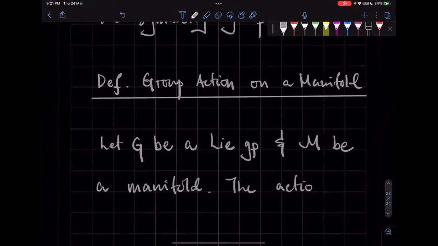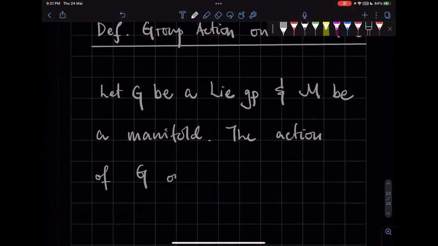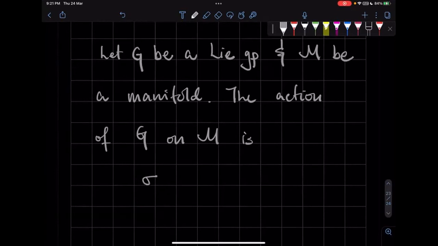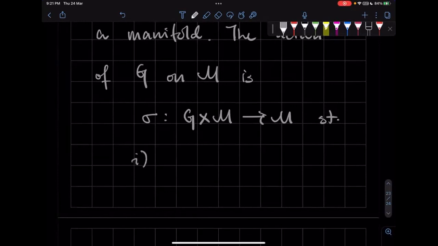The action of G on M is the map sigma, which is a map from G cross M to M, such that the map must have these properties. The identity element of the group acting on a point P on the manifold must give me the same point for all P in the manifold.